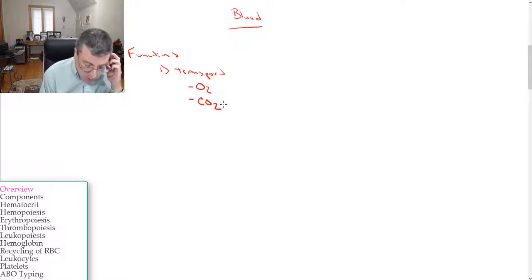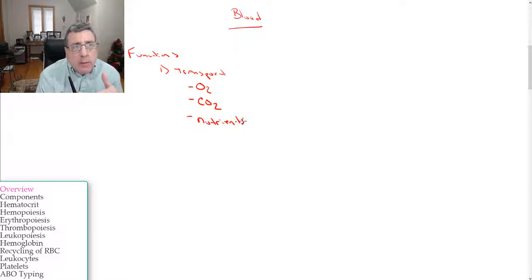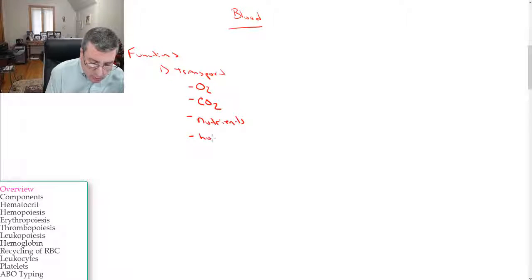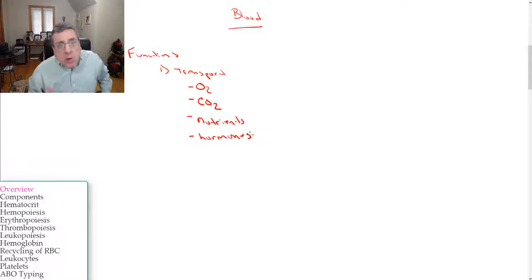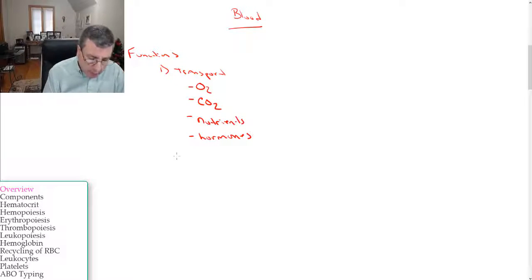We are also looking at nutrients. Nutrients would be glucose, all the nutrients that are absorbed by your gastrointestinal system, your intestines. It transports hormones. We just finished discussing hormones, so hormones are carried throughout the body in the blood. So that's going to be one of the functions.